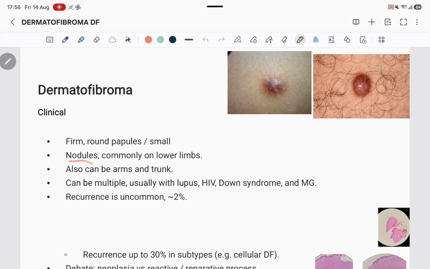Sometimes it can be nodules, more than one, and it's most commonly on the lower limbs. Then the next most common is the upper limbs, and the next is the trunk.